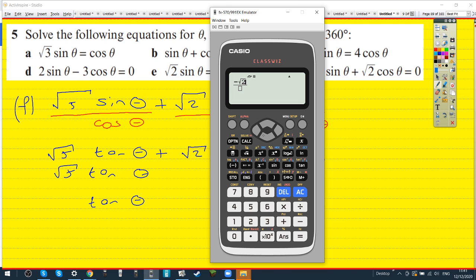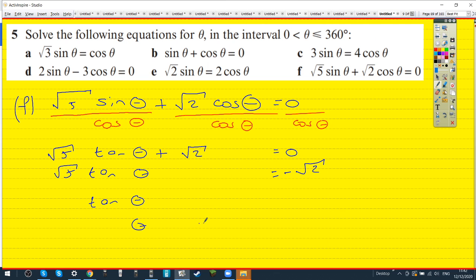I got minus 32.3. Let me double check. Yeah, minus 32.3.